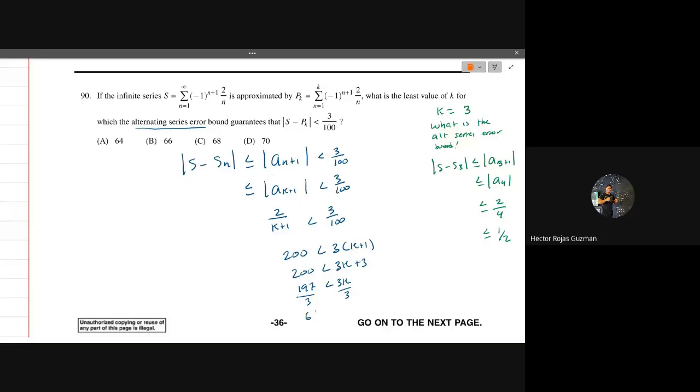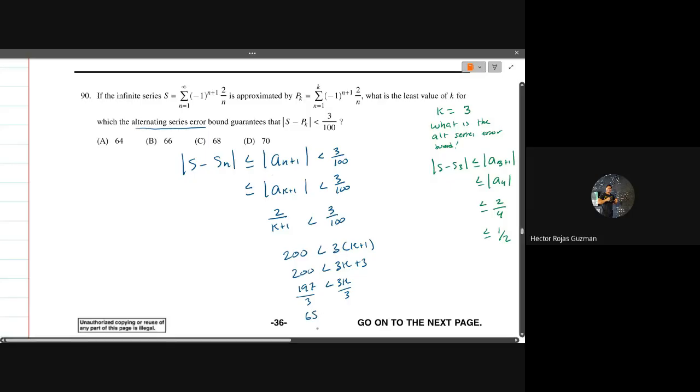There's a remainder of 1, 17, 6. No, that would be 18. That would have to be a 5. A remainder of 2. Point 0.6. Okay, double check it with the calculator for me. So k would have to be greater than 65.6.